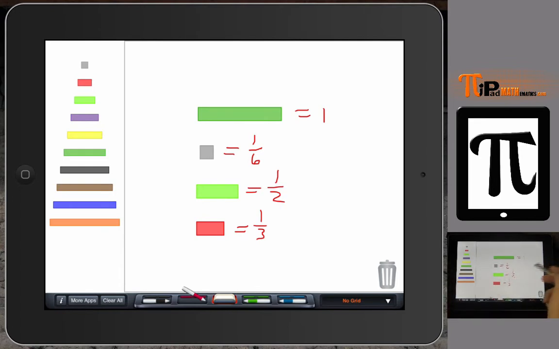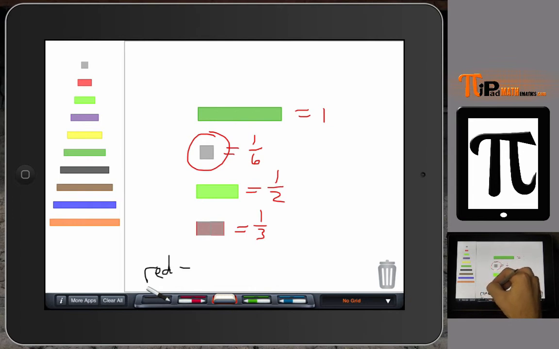First thing I want to do is show that this 1/3 here equals 2/6. Well, we showed that the white rod equals 1/6. So if we fill the area of our red rod with the white rods, we notice that the red equals 2 whites.